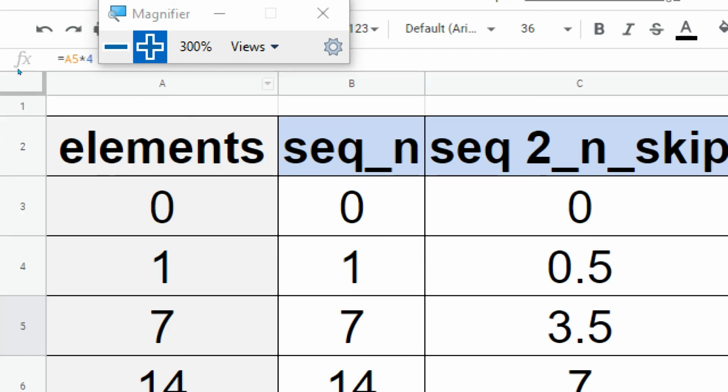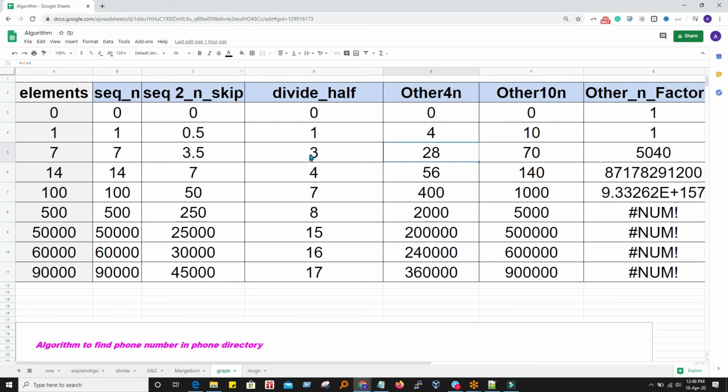See, equal to A5 into 4. If we want to get this value, we just take equal to for the formula, and we take the value from A5 into 4, because the algorithm we have designed has a complexity of 4 into n.